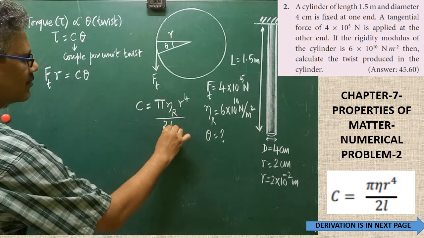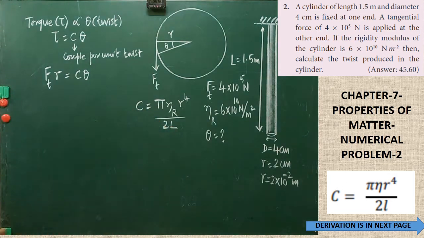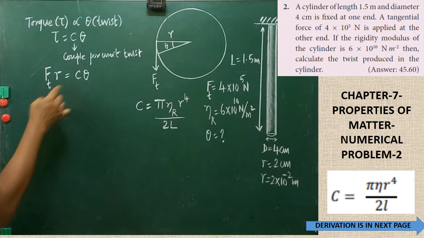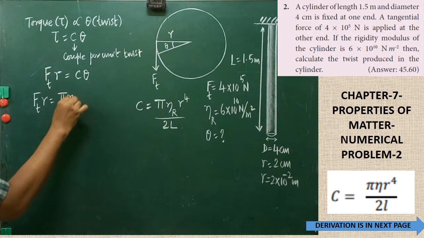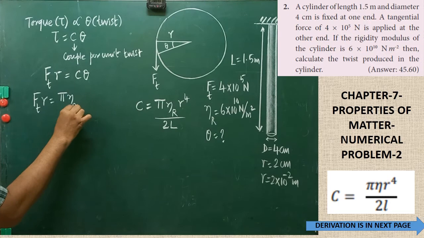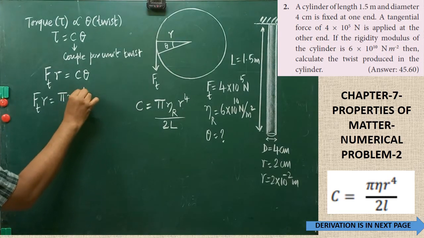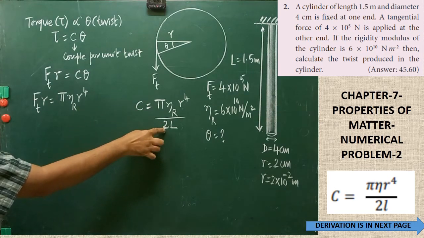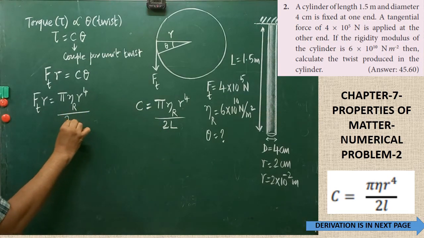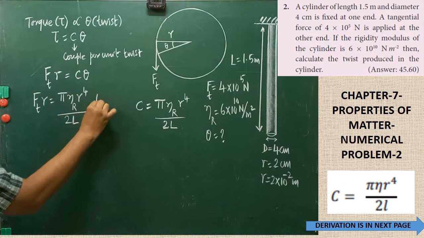So this is the formula from which we can obtain the C value. Our aim is to get theta. Substitute here: F tangential force into R, and instead of C substitute this. Pi eta R, rigidity modulus, R power of 4, and in the denominator 2L, and then this theta must be written.